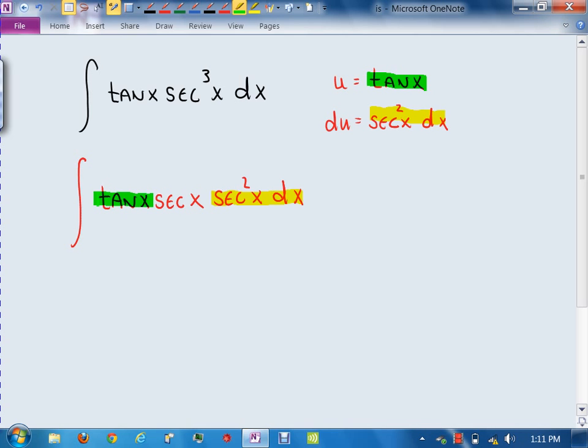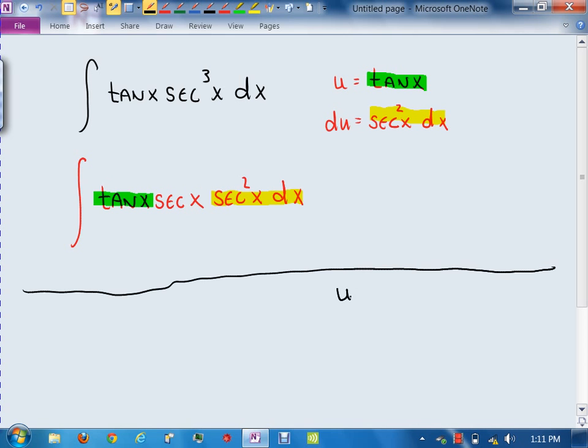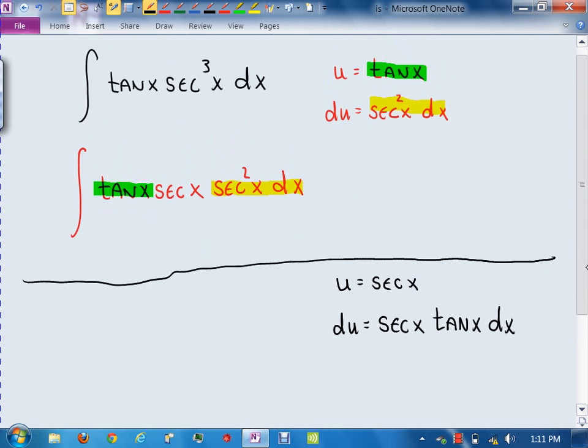All right, the other way would be, and I'll just do it underneath here, to let my u be equal to secant x. The derivative of that is secant x tangent x dx. And now I can try and rewrite my integral.